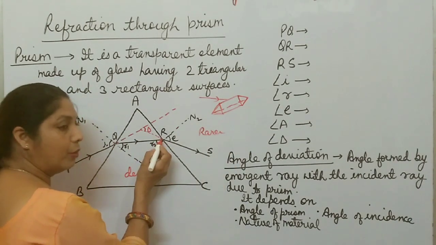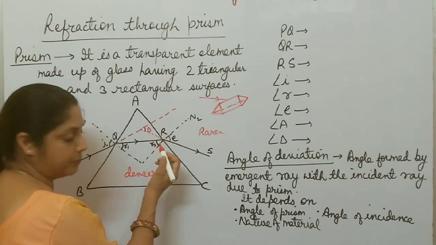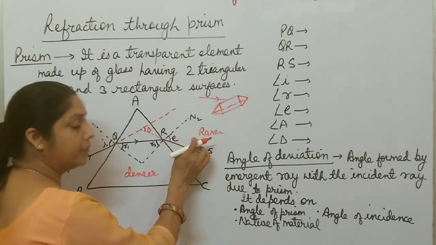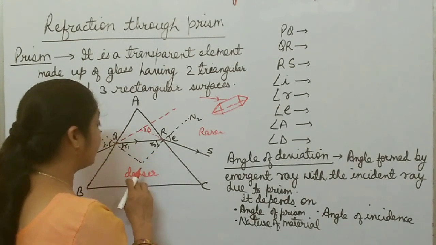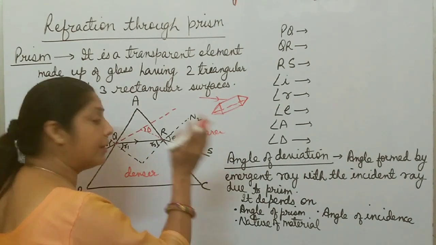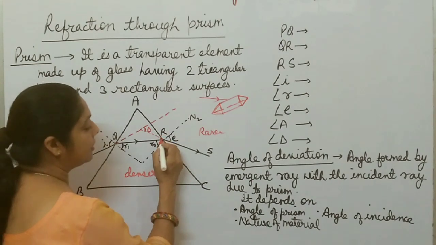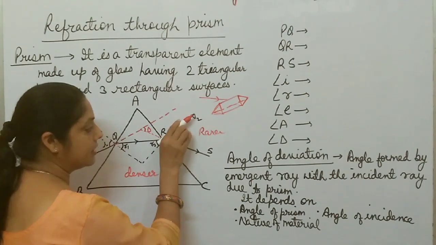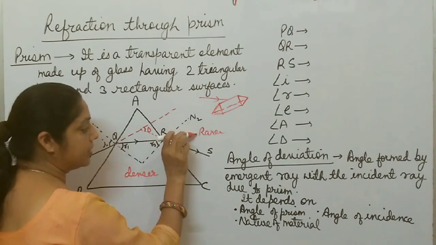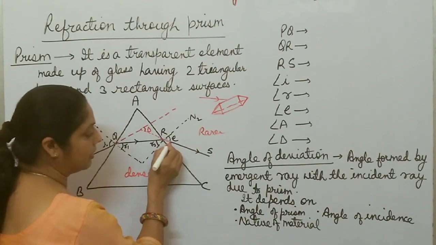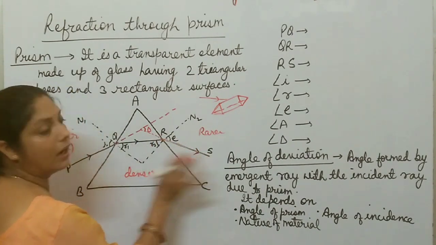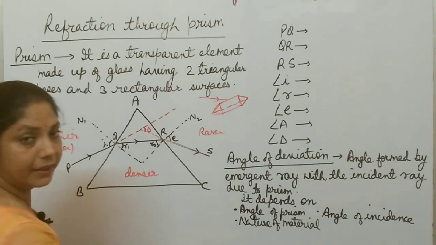So again at point R, refraction takes place when light travels from denser to rare. And at this time, what is the property of light when it travels from denser to rare? It bends away from the normal. So instead of going like this one, this is the normal N2. Instead of going like this one, it bends away from the normal and comes out through the surface along this path RS. So here RS is what?